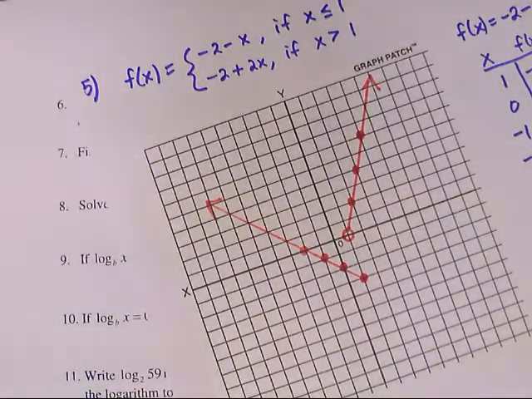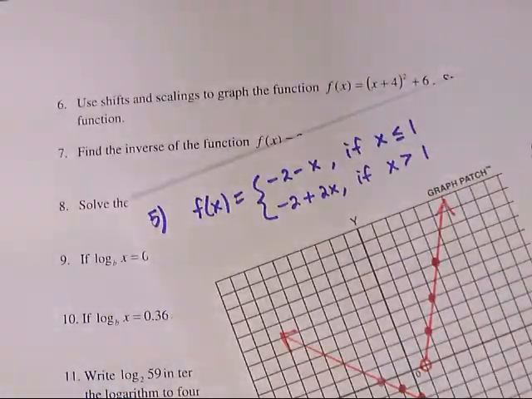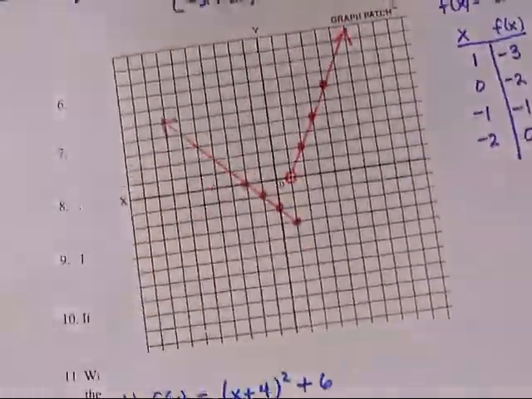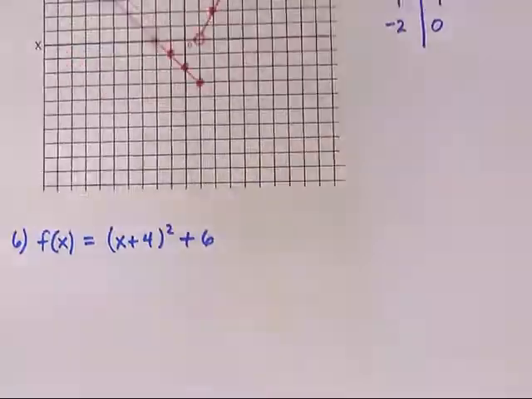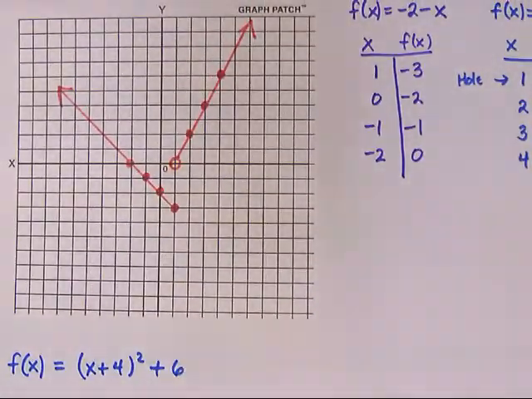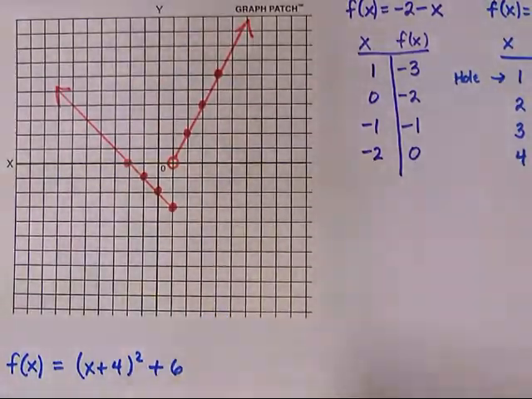So this is f of x is equal to (x plus 4) quantity squared, and then plus 6. And I'll go ahead and put in another coordinate grid. Like this one.